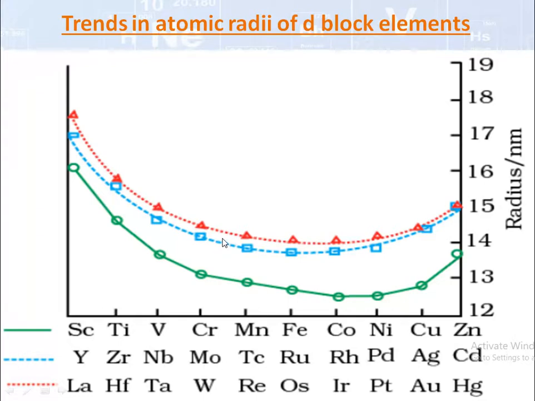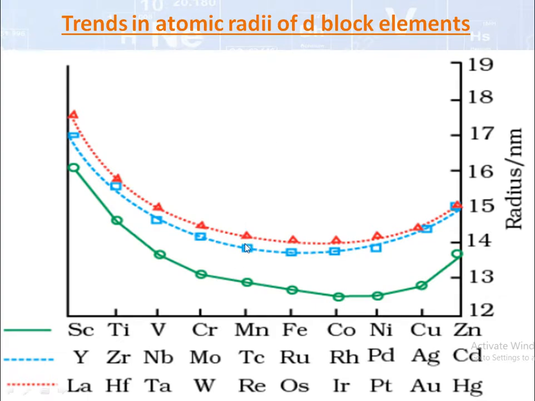Why did this happen? Because in the 5d series the 4f orbital is present, which must be filled before the 5d series elements. As we know, the shielding effect of f orbitals is very poor as compared to the others. Hence, the filling of 4f before the 5d orbital results in a regular decrease in atomic radii, because the shielding effect is very low and hence the attraction between the nucleus and valence electron is very high.